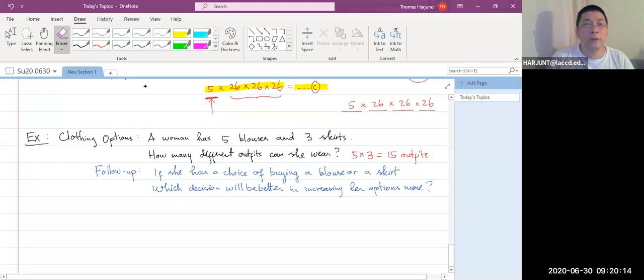Okay, let's start again. To answer this question, let's see. Suppose we buy blouses. Suppose the option is buy blouses. Then it becomes 6 times 3, which is 18 outfits.